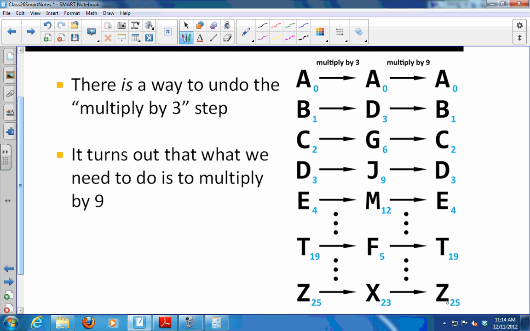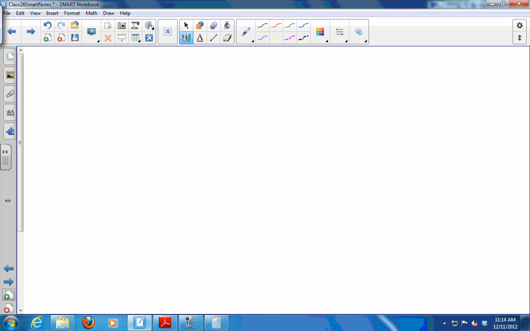But let's not look at this table yet. Let's look at B. B is the number 1 in the alphabet. Multiply it by 3, you get 3. Multiply that by 9, and you get 27. And 27 is the same as what letter of the alphabet? 1, right?